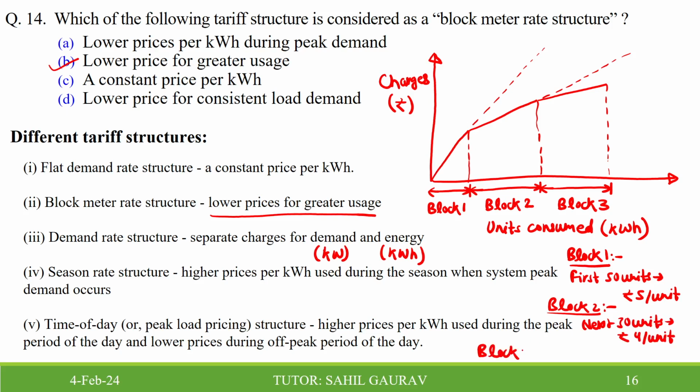And in block 3, the next 30 units, rupee 3 per unit.